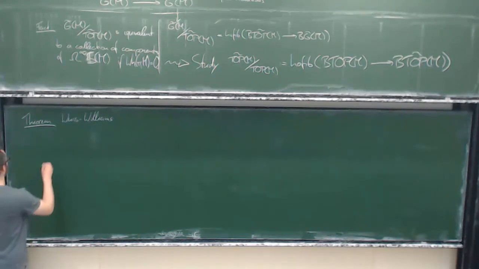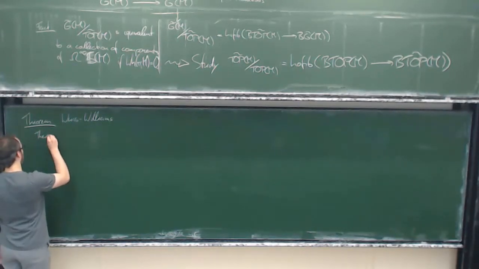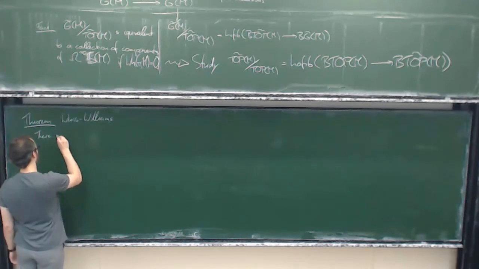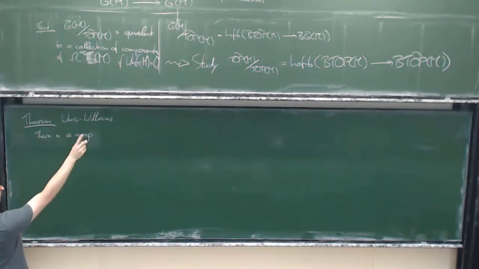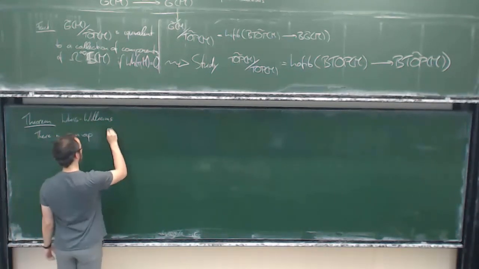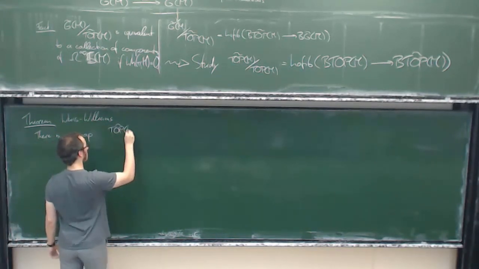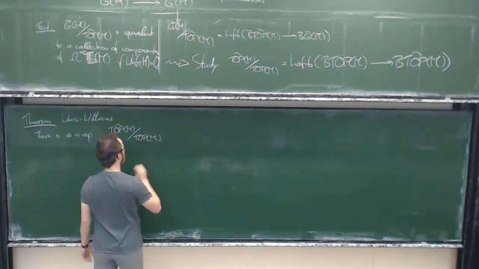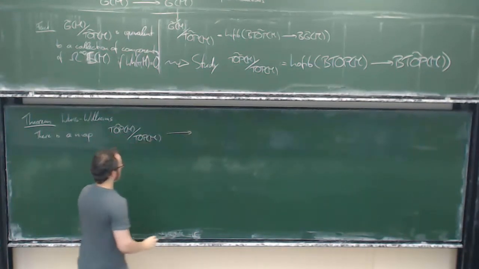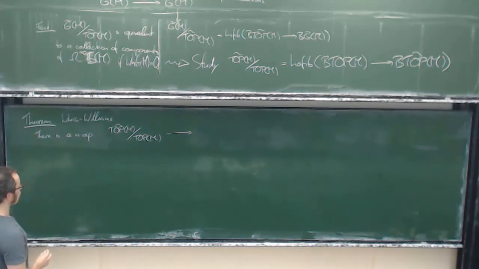And the theorem goes as follows. So Weiss-Williams construct a map which starts in this space, top twiddle M, mod top M, and maps to something that I need to define.